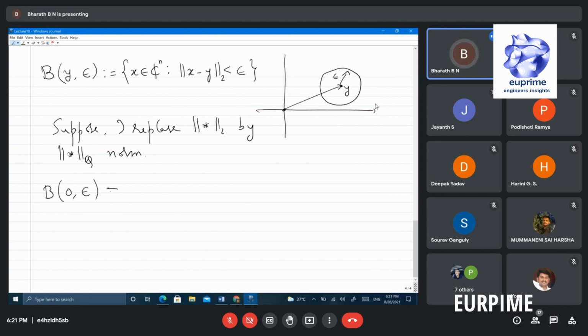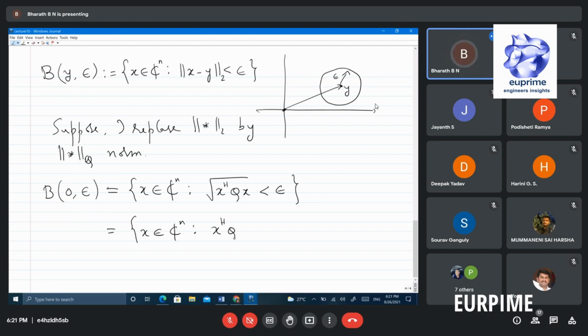The epsilon ball is all those vectors such that the Q norm distance of x is less than epsilon. What is the Q norm distance? It's the square root of x transpose Qx, which is less than epsilon. This is the same as x belonging to Cn such that x transpose Qx is less than epsilon squared, because both sides are positive, so I can square and nothing changes.